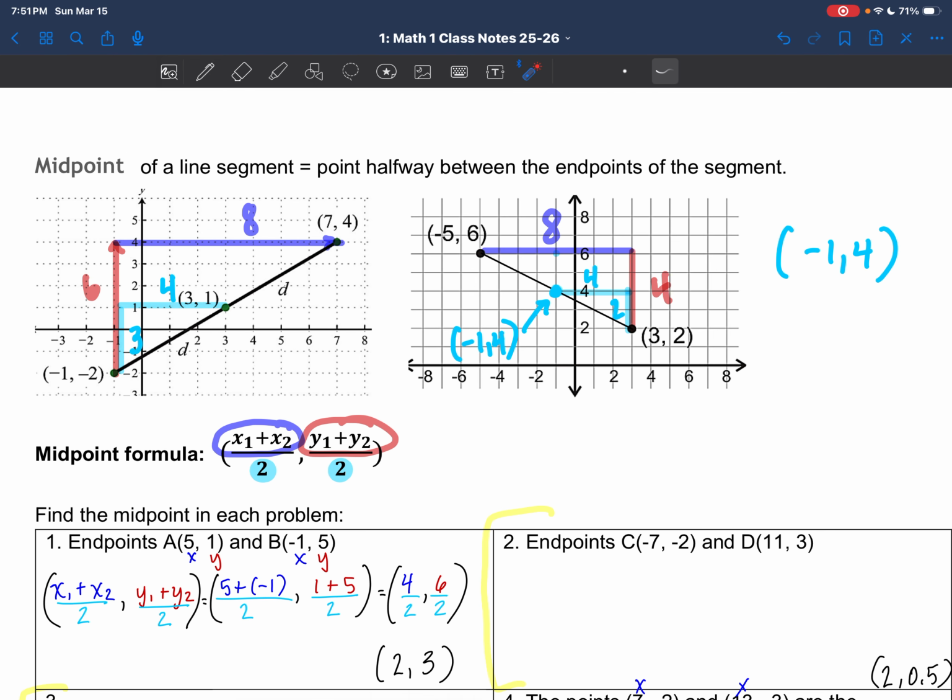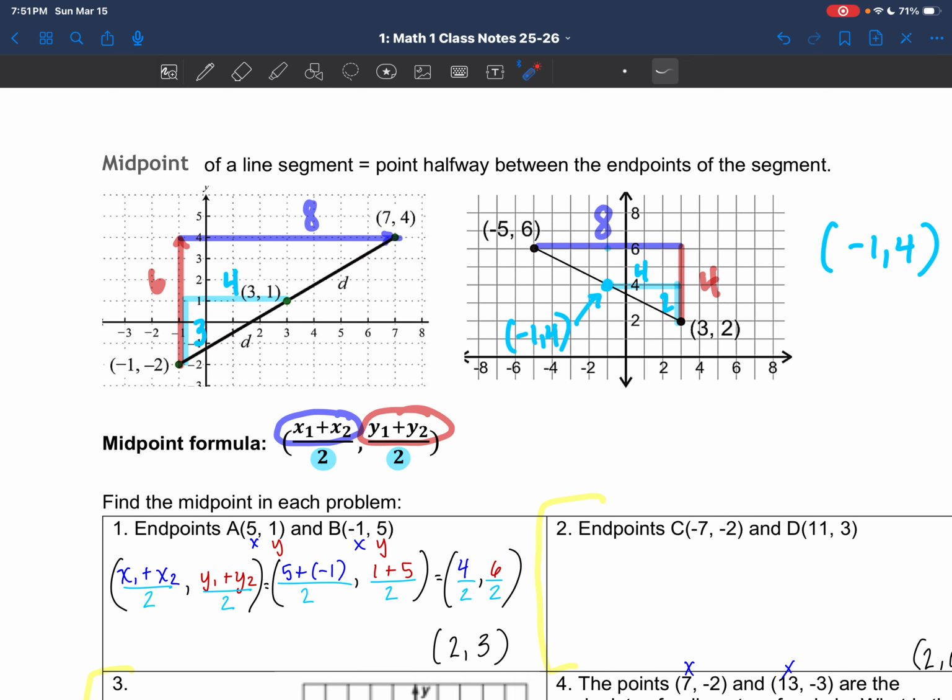All right, now midpoint, this is a new topic for you. Midpoint is just finding the point halfway between the endpoints of the segment. So if you're looking at this line, it's diagonal, so we can't figure it out just by looking at it. But what we can do is take our x values and count those. So we have 8.